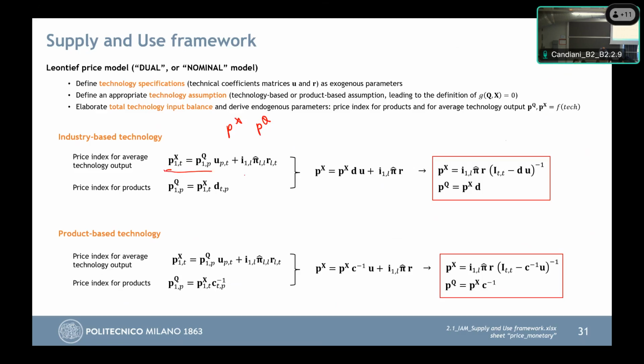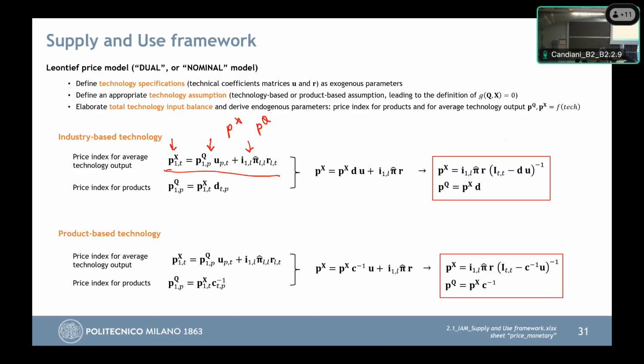One is the price balance for technology output, which is very close to the price equation that we have already seen, where the prices of technology output, Px, equal the price of products consumed by each technology plus the price of factors. So it's exactly the same as the previous price balance that we introduced during the previous lecture.